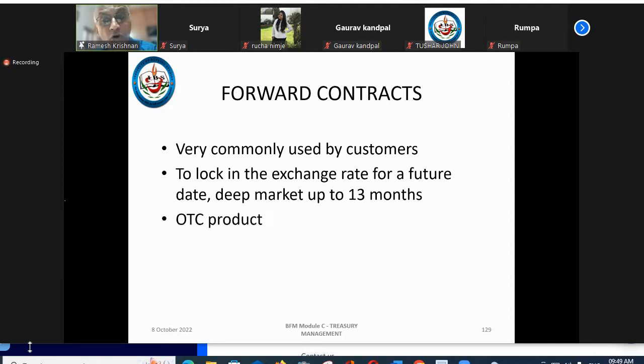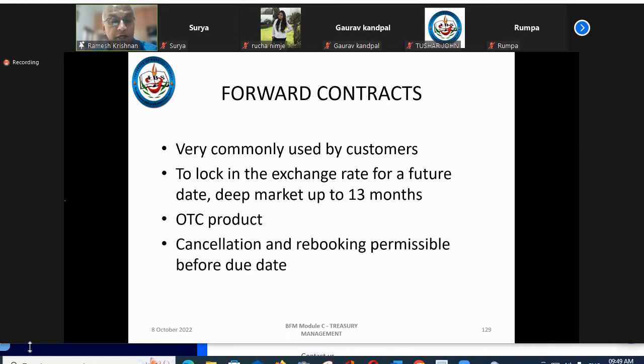Okay. Over-the-counter product, I already said, as an import customer, you can approach Bank of Baroda, you can approach Bank of India, you can approach State Bank of India, whichever bank is giving you the best rate, you can go and conclude it with them. So that is why over-the-counter product.